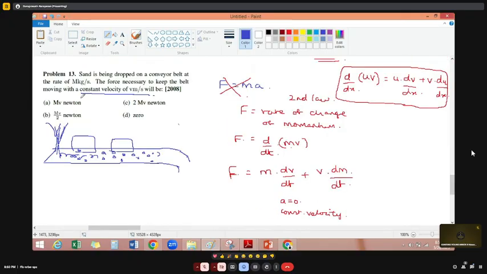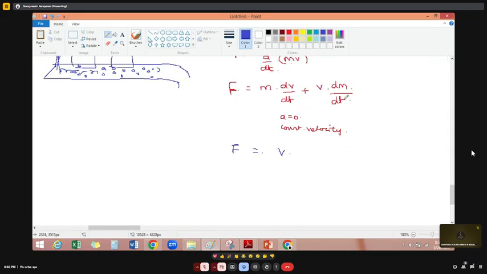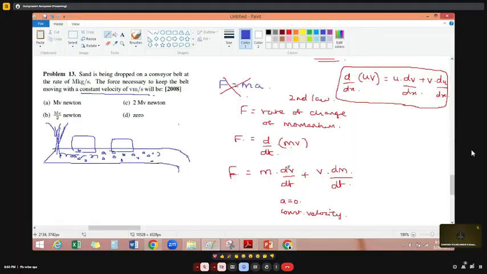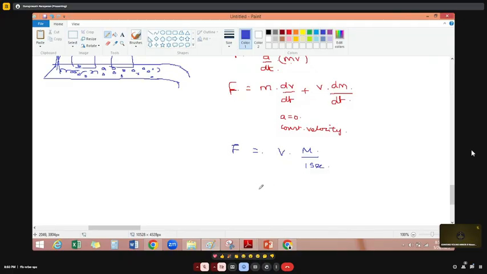So dm by dt means they are putting m kg in 1 second. So that means this is m per 1 second. I can take this as m divided by 1 second. So the force necessary is m into v. So m into v is your answer.